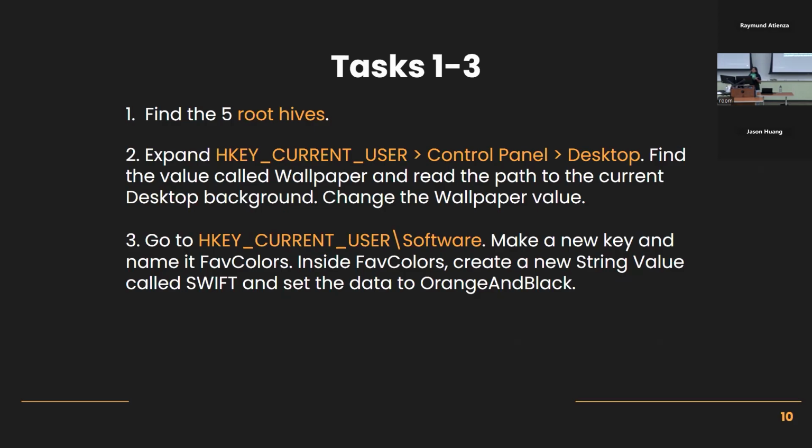The third thing is making a new key for Swift's favorite colors. This won't actually do anything to the operating system since nothing will be using it, but it's practice making a key. Let us know if you need any help.